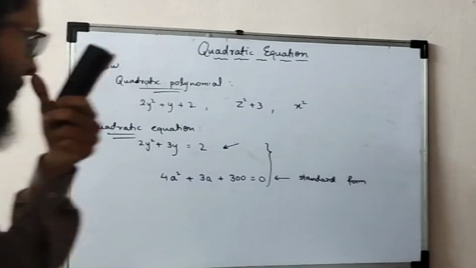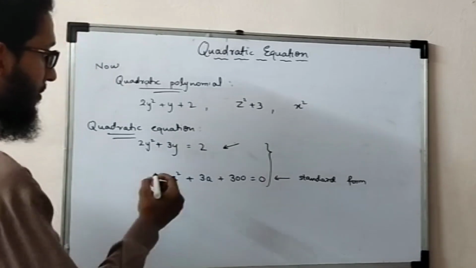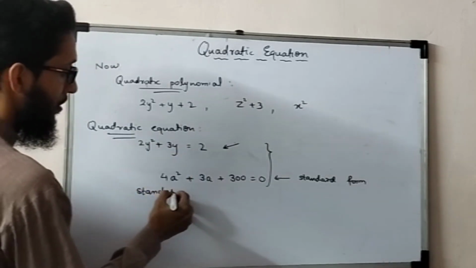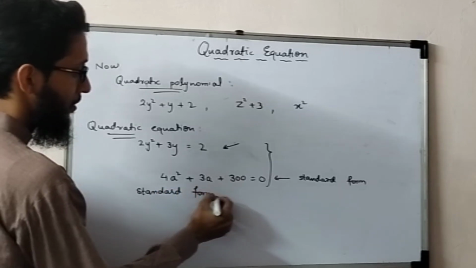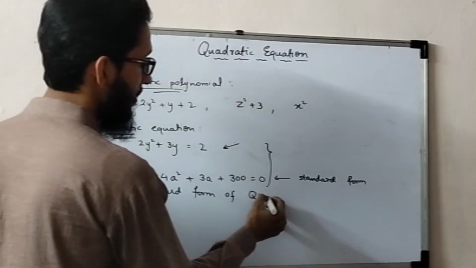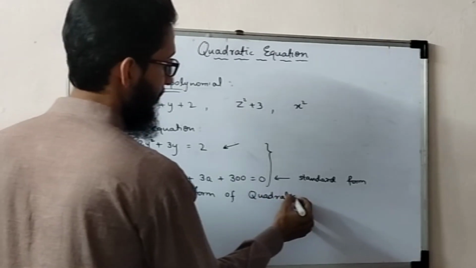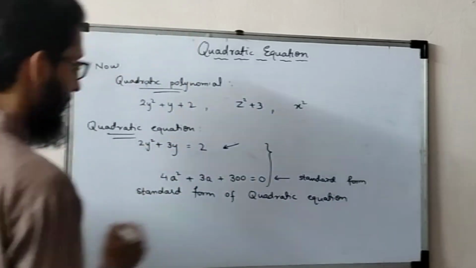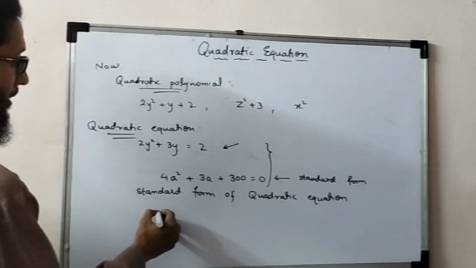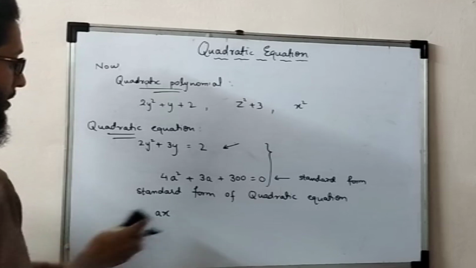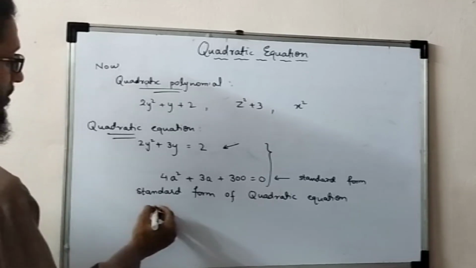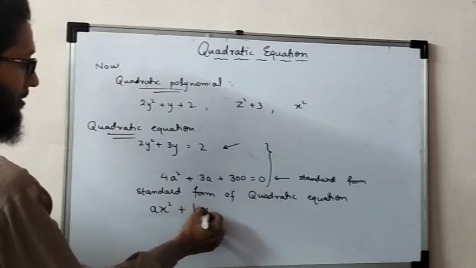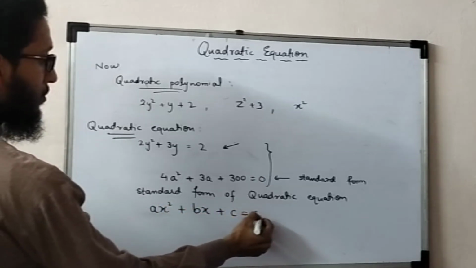So first I will write here what the standard form is. Standard form of a quadratic equation. What is the standard form of a quadratic equation? Here I will write ax square plus bx plus c is equal to 0.